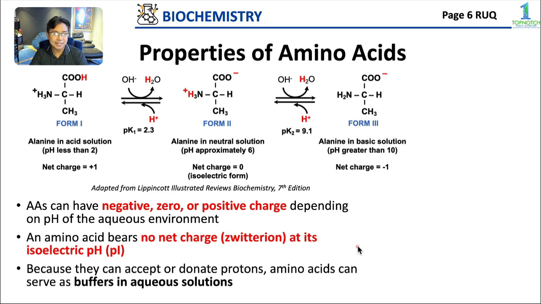AAs can have a negative, zero, or positive charge depending on the pH of the aqueous environment. And an amino acid becomes no net charge, or a zwitterion, at the isoelectric pH. Because they can accept or donate protons, amino acids can serve as buffers in aqueous solutions.